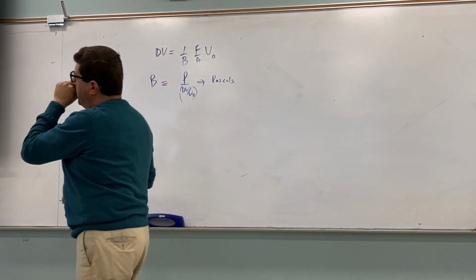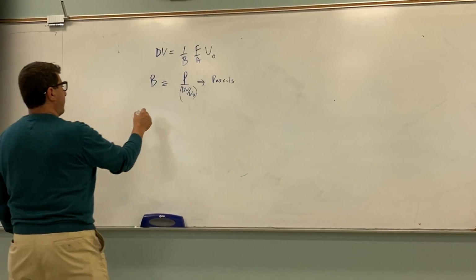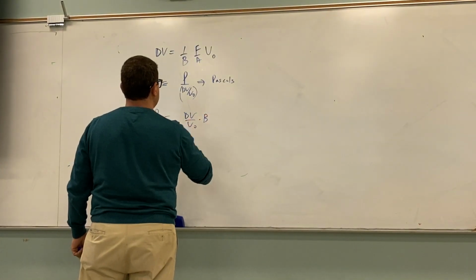So now it says here, F over A is pressure, V0 is the original volume and B is the bulk modulus of the material. We will use the amount spilled in example 2 as the change in volume. So this is the pressure we're solving for in this case: dV over V0 times bulk modulus.